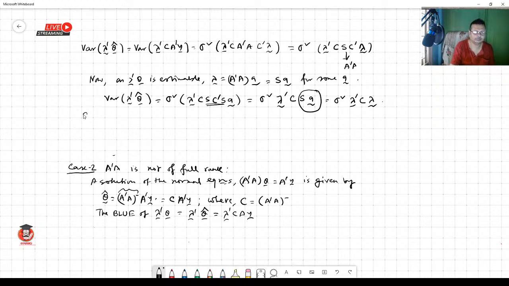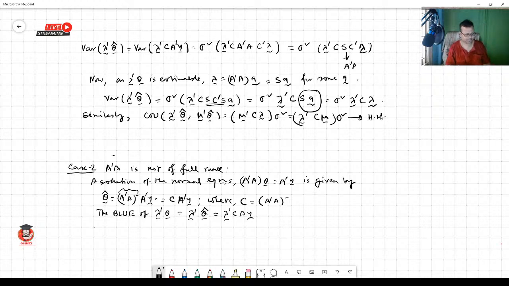Similarly, we can prove that covariance of lambda curl prime theta curl hat and mu curl prime theta curl hat is equal to mu curl prime C lambda curl sigma square, equal to lambda curl prime C mu curl sigma square. So please check it. This is your homework. Okay. So now this is the last result for today's class.